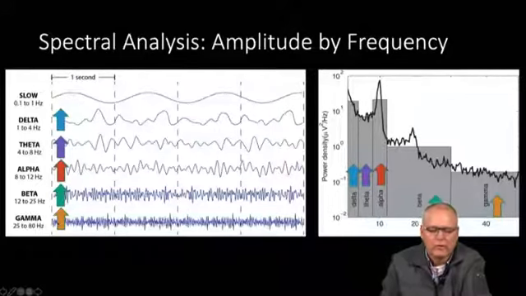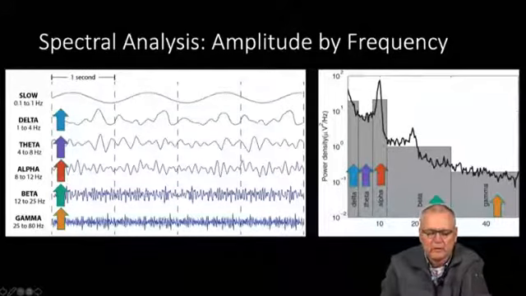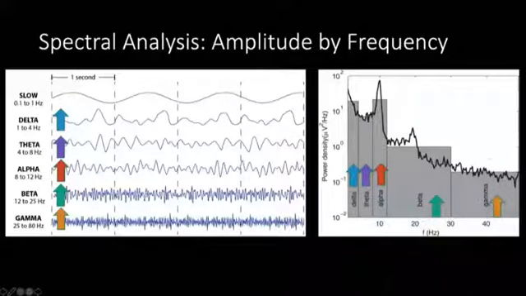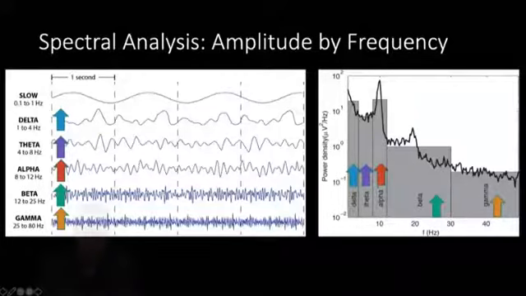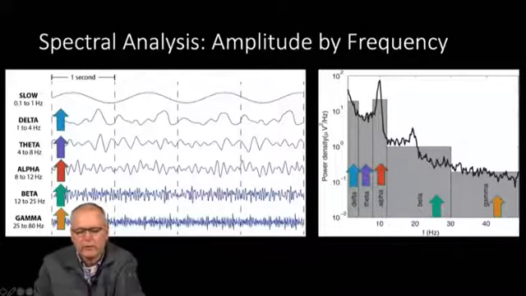And then we were to plot that frequency versus amplitude on a figure like this. So we'd have the amplitudes from the gamma wave out here at higher frequencies. Here's the beta waves in this window, and so on and so forth for the alpha, theta, and delta. And so here we get a frequency profile in terms of amplitude.